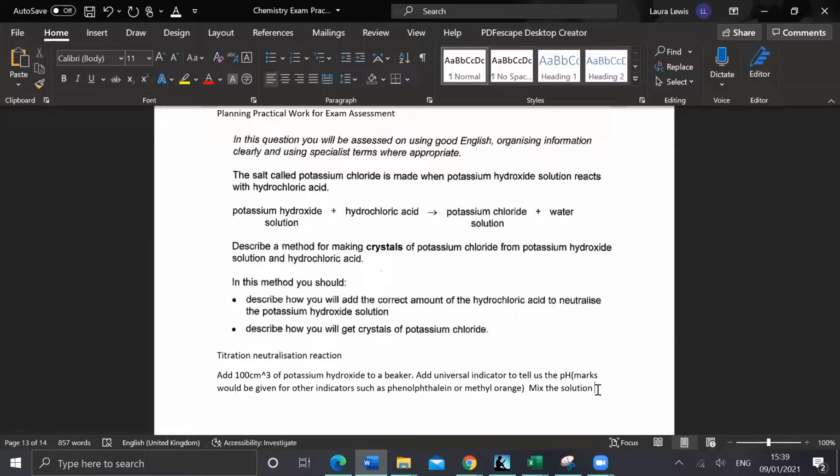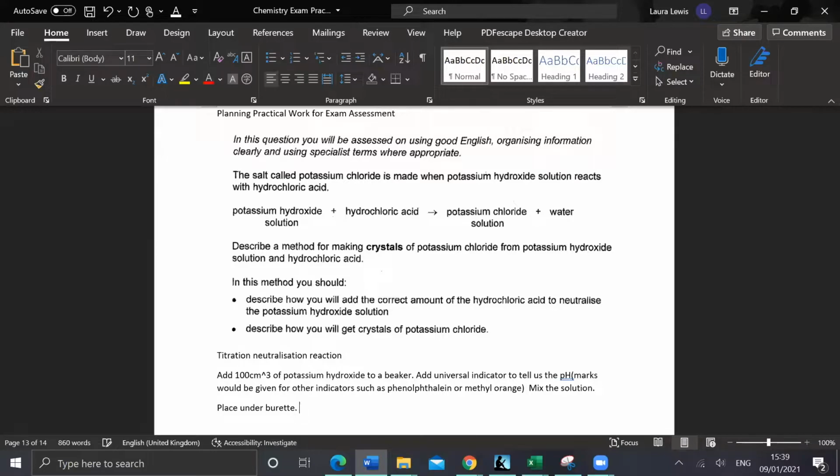Okay, mix the solution. So make sure that the indicator is mixed in. So place under burette. It's one of those long glass things with a tap.